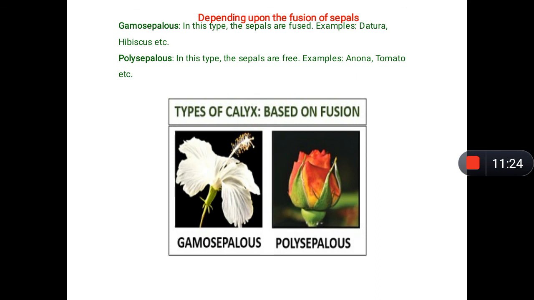Here we can see clearly the hibiscus flower on the left side shows that the green color calyx is united and called gamosepalous. Whereas in case of rose, that is on the right side, that is polysepalous, sepals are free. Then next is depending upon the loss or persistence of the calyx.